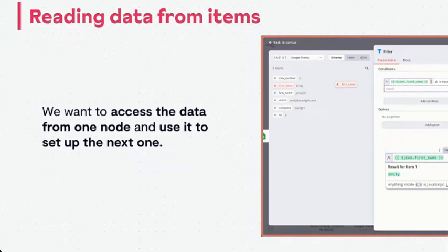Here we have the expression editor, and we have an example result for item 1. So here, JSON.firstName of item 1 is equal to Emily. Remember, nodes execute once per item, and so as it executes for each item, the expression will have the value associated to that key.